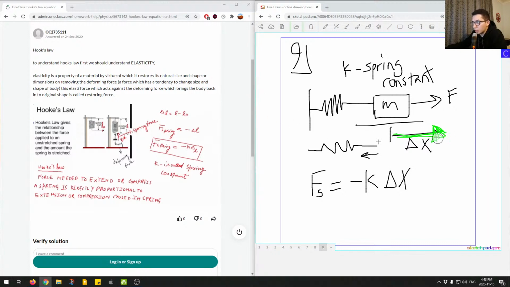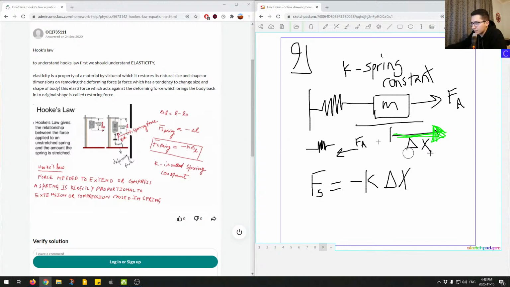Similarly, if we were compressing the spring, say it was super compressed, we know that means the applied force, which we'll call Fa, is pushing in this direction. That means the change in delta x is also in this direction, so this is the negative direction.